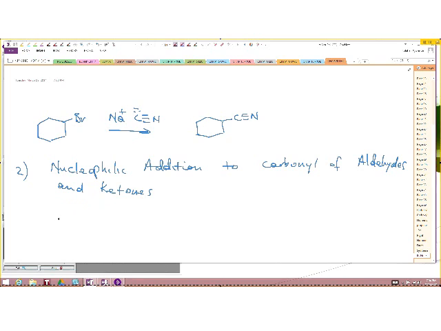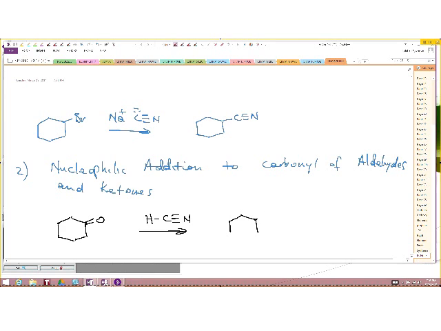If I take this ketone here, in this case, I take hydrogen cyanide. In this case, we use hydrogen cyanide, and you get this here.